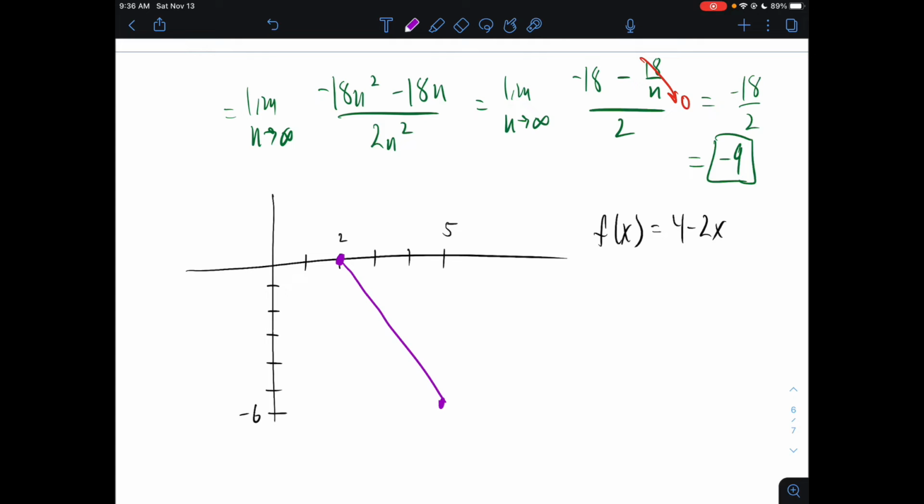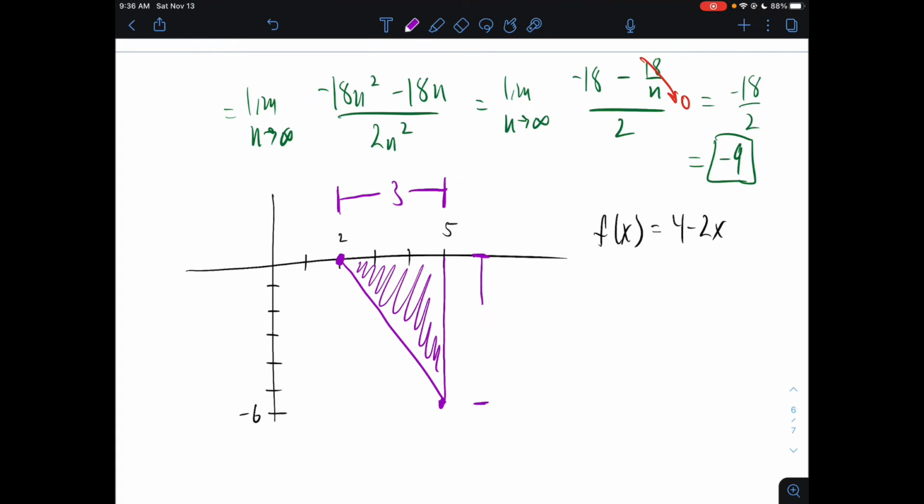So what's this area we're looking for? Now we can sort of reinterpret this since we're talking about a negative area. It's the area between the curve and the x-axis. Well, that just looks like a triangle with base 3. And what's its height?